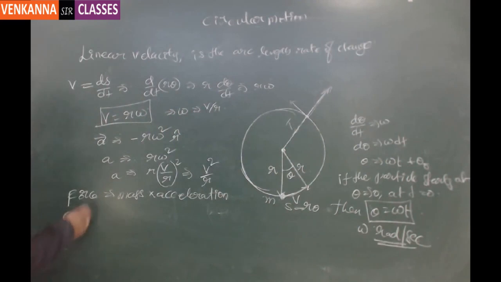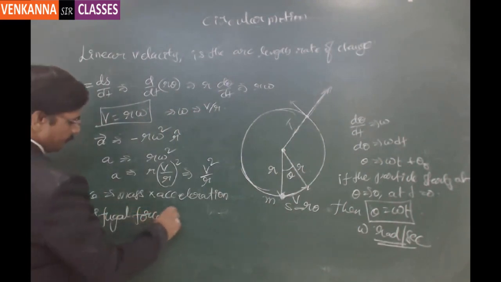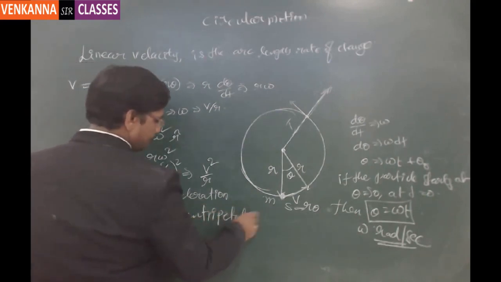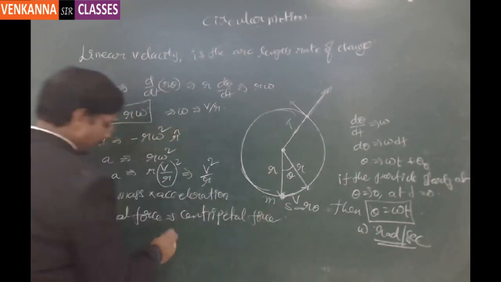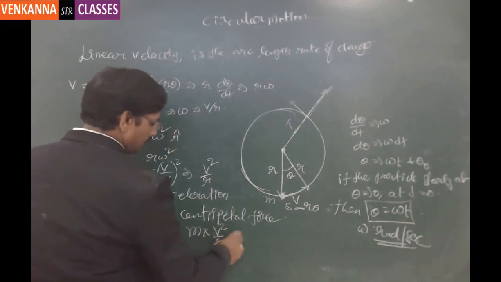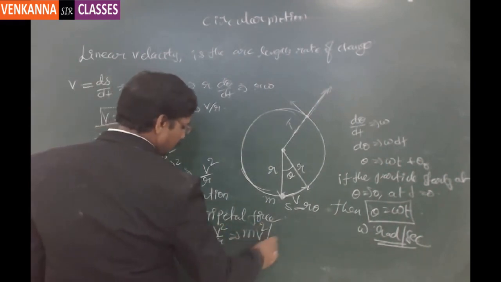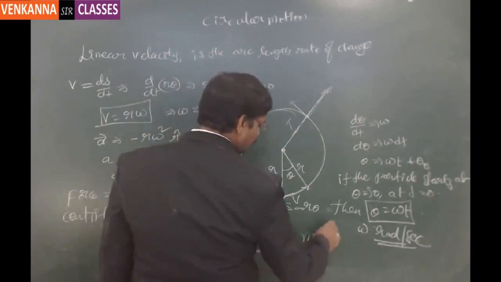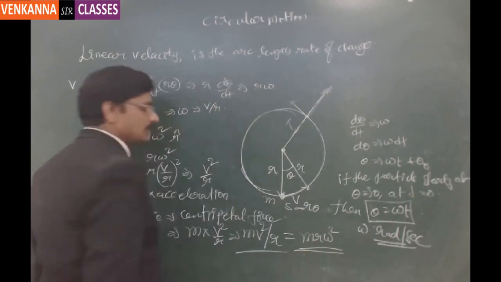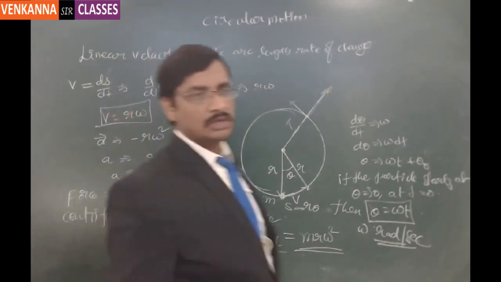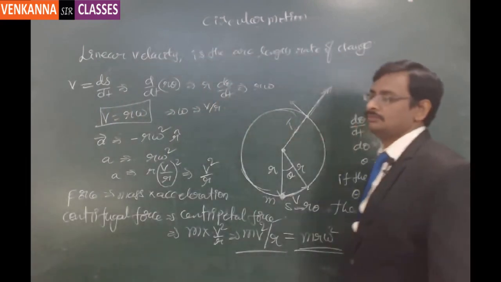So centrifugal force equals centripetal force by magnitude, equal to mass multiplied by V square by r. So mv square by r is the force, and the same thing is equal to m r omega square. Both are the same. So this is the centripetal force and the same magnitude as the centrifugal force. Got it? Understood?